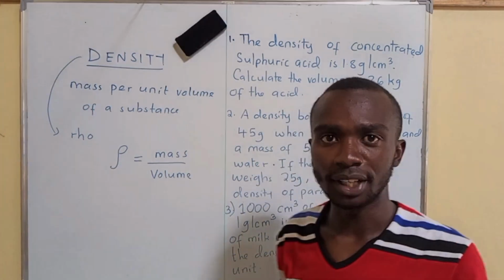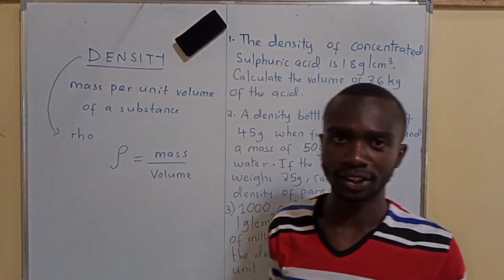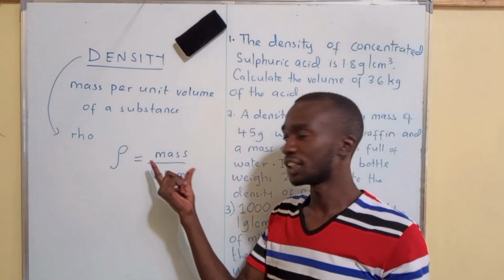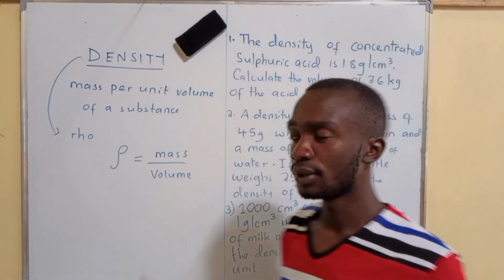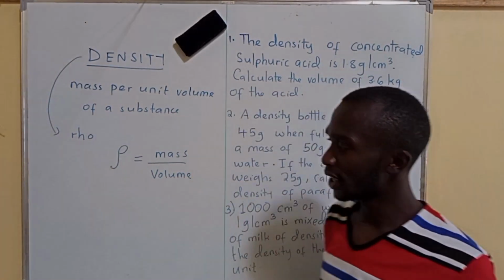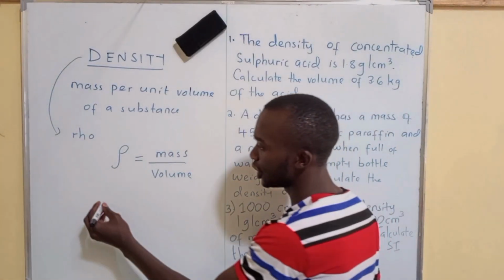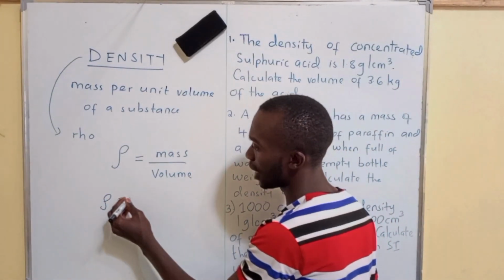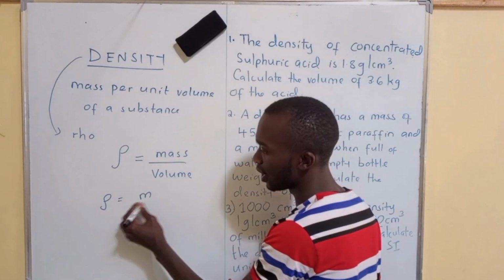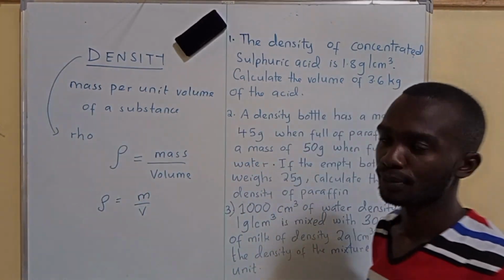I just told you that mass is the quantity of matter in an object, and this mass is always measured in kilograms, and the volume is always measured in cubic meters. Density is equivalent to mass, denoted by m, over the volume of that given substance.